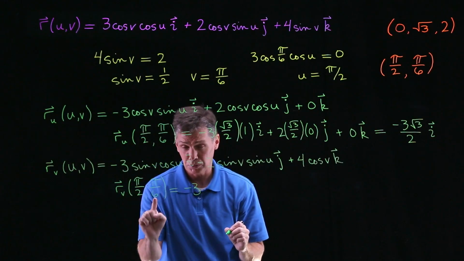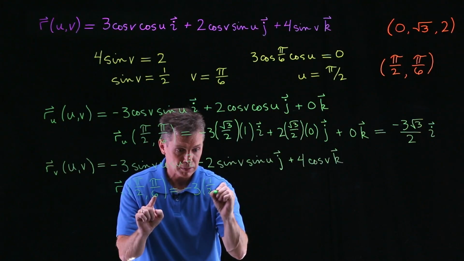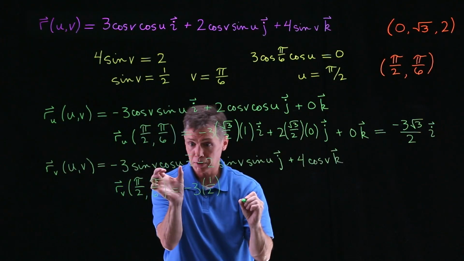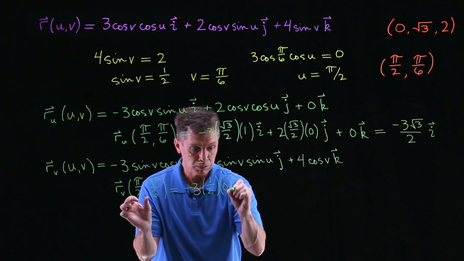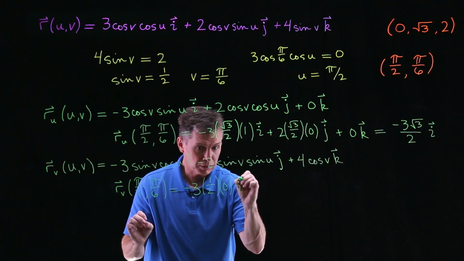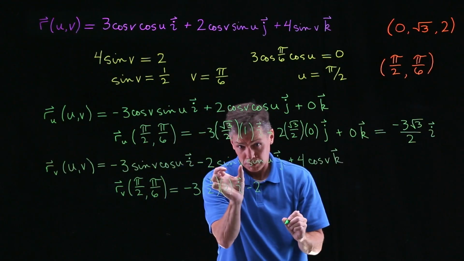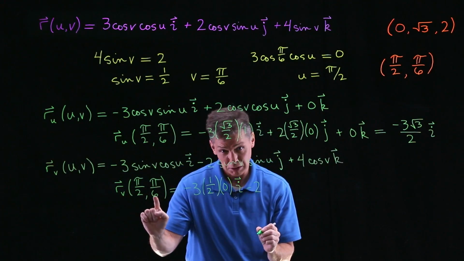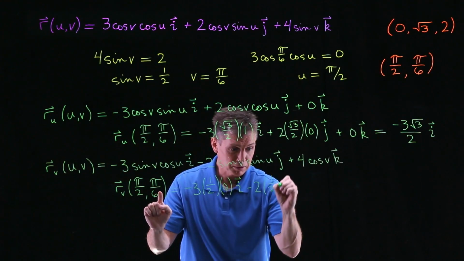of v, so sine of pi over 6, that's half. And then cosine of u, so cosine of pi over 2, that's 0. I vector, minus 2 sine of v, so there's your sine of pi over 6 again, that's still a half.